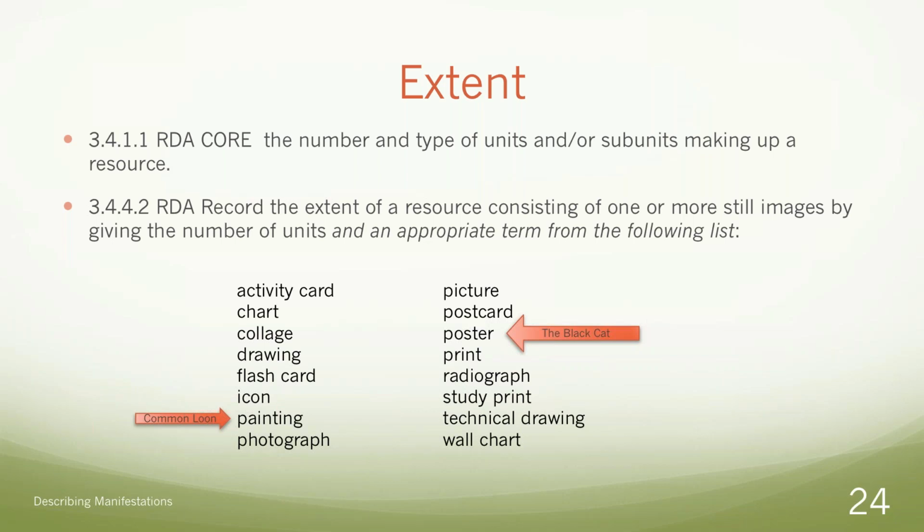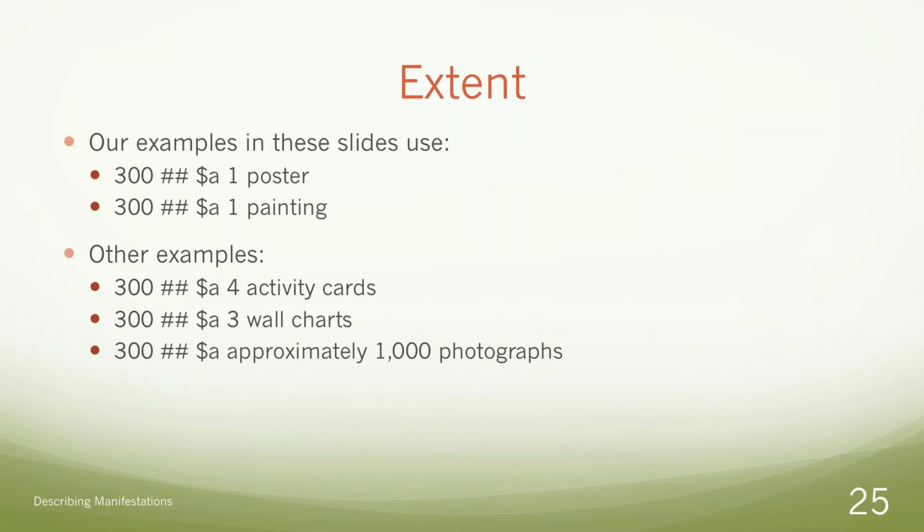So for our common loon example, we're going to use painting. For the black cat poster, we're going to use the term poster as we go through and create our extent. So in our examples in the slides, the extent term in the 300 subfield A is one poster or one painting.